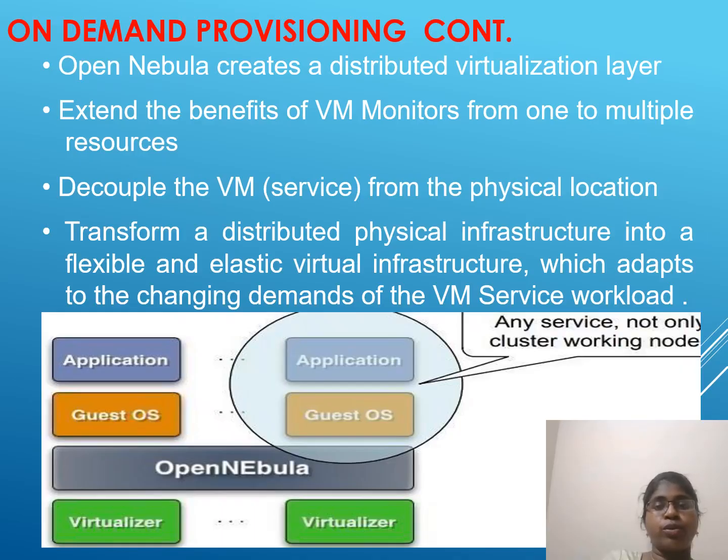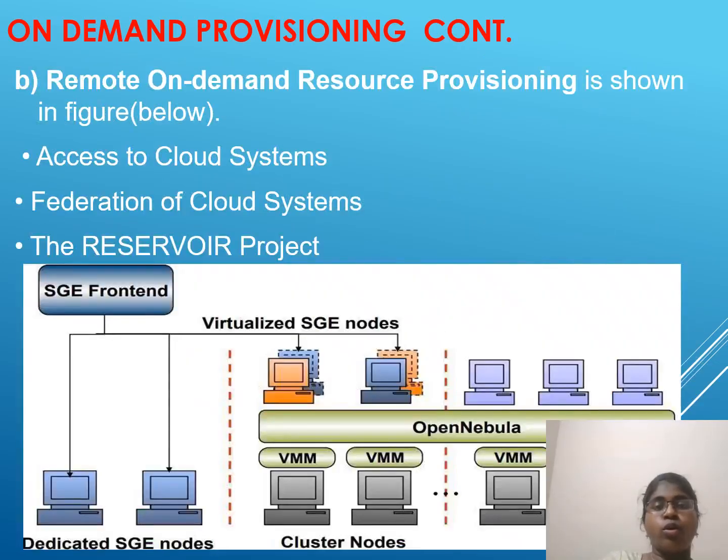It transforms distributed physical infrastructures into flexible and elastic virtual infrastructure to adapt to changing demand in the virtual machine service workload, clustering to extend the benefits of the resources, decoupled from physical locations, and creating distributed virtualization layers in the on-demand provisioning process of accessing data in the cloud storage. This is the remote on-demand resource provisioning, access to cloud systems and federation of cloud systems.